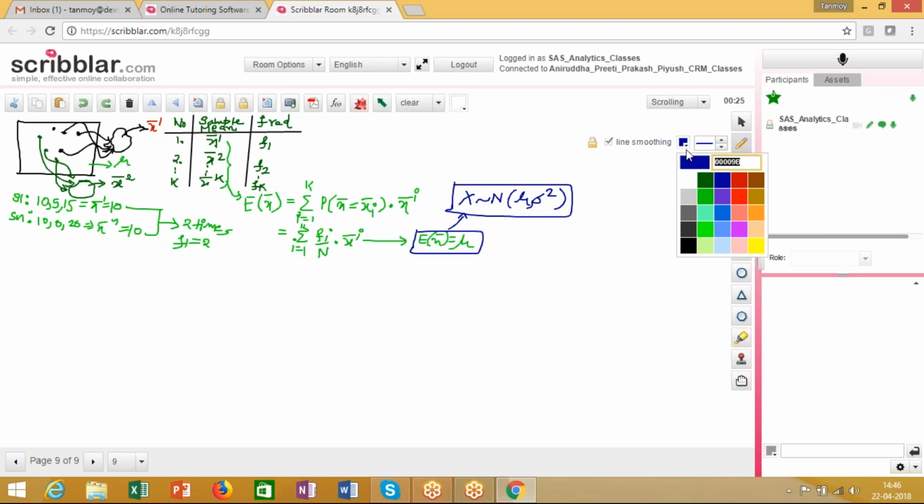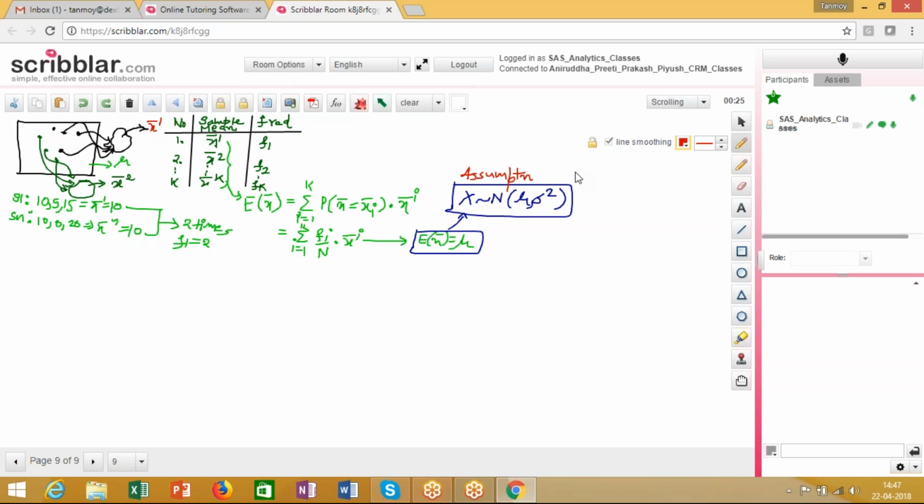This is one of the most important assumptions of the classical inference theory. Over here, this is X which follows normal distribution, right? So the population from where the sample is being drawn has to be normally distributed.